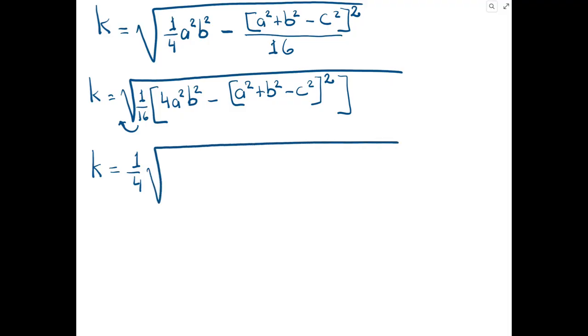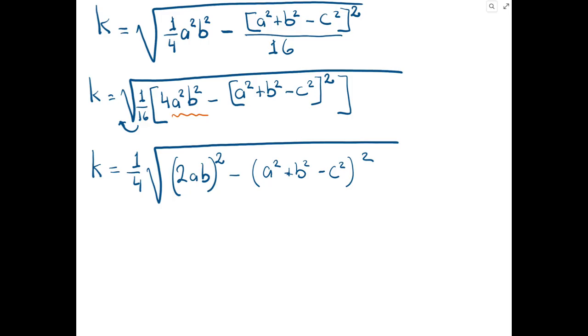And I'm going to rewrite that so that it's 2ab quantity squared, minus a squared plus b squared minus c squared, squared. Why do I want to do that?